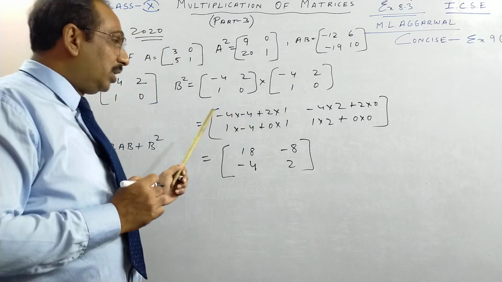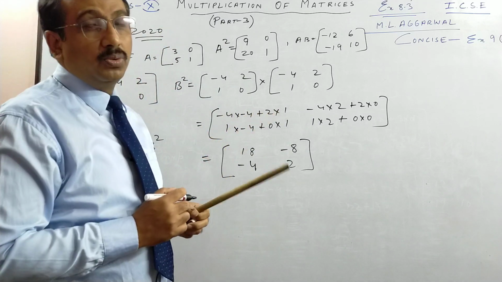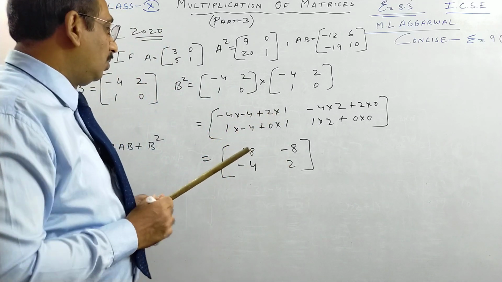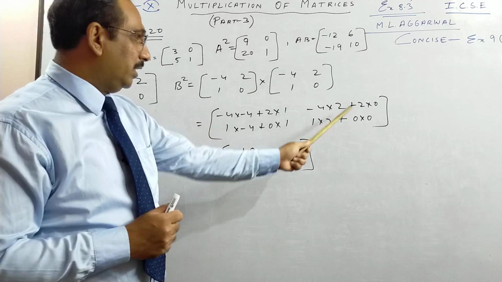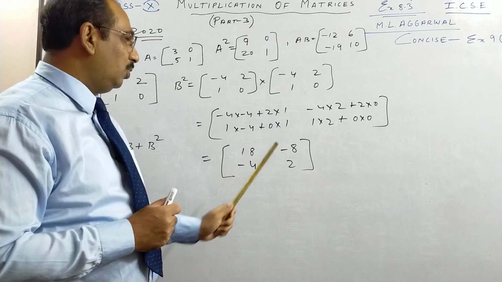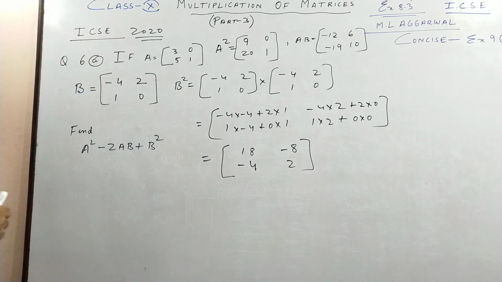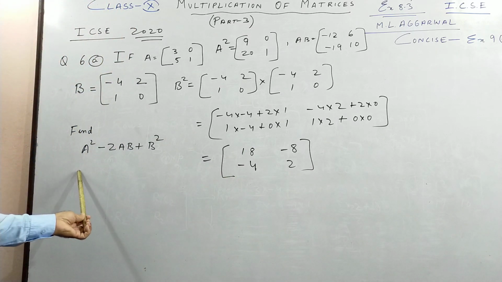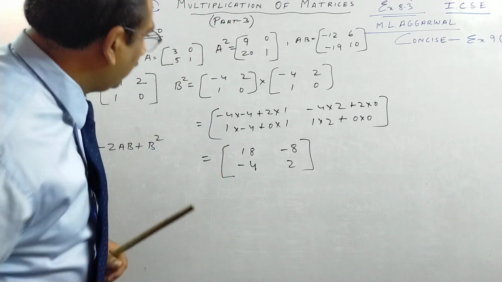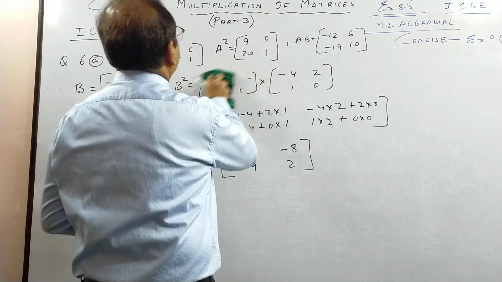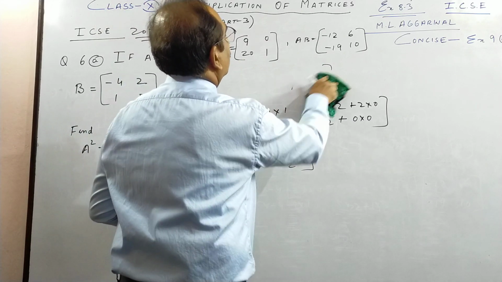Like that you must see nicely that you don't make silly mistakes. So this will be 18, minus 8, minus 4 and 2. Kindly pause your video and copy. Finally we will add for the final answer.